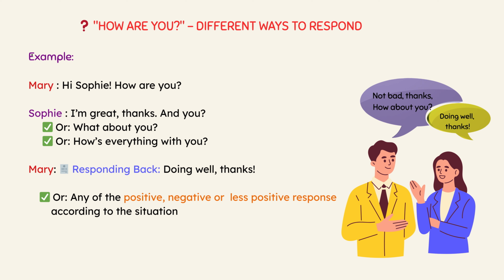Mary responds back, "Doing well, thanks." Or can also respond with any positive, less positive, or even honest negative replies, depending on the situation. Always ask back after answering. It shows good manners and keeps the conversation friendly.